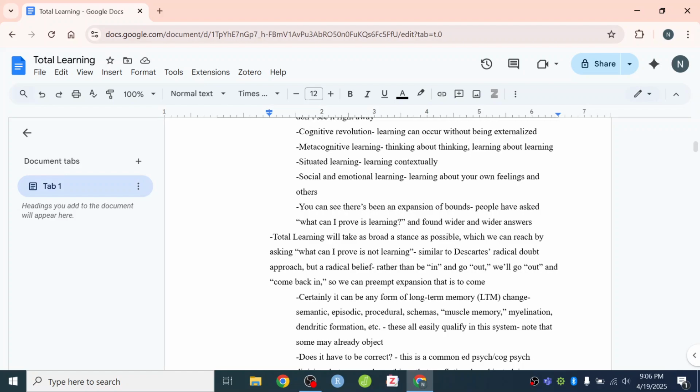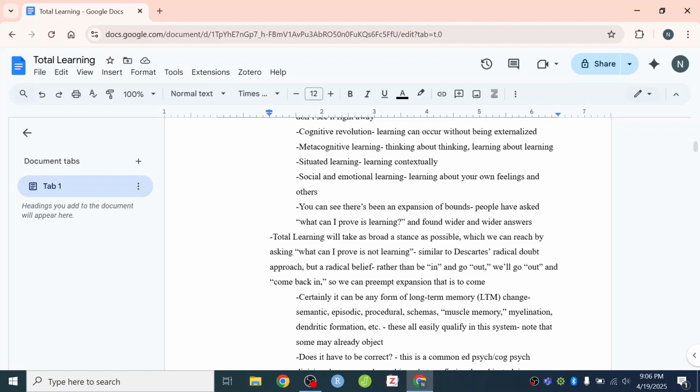Note that some researchers may already be objecting and saying that should not be accepted as a form of learning. But we're going to. And this right here, a change in long-term memory, is, I would say, the generally adopted stance of what qualifies as learning by a lot of cognitive psychologists who are interested in the question of what learning is.